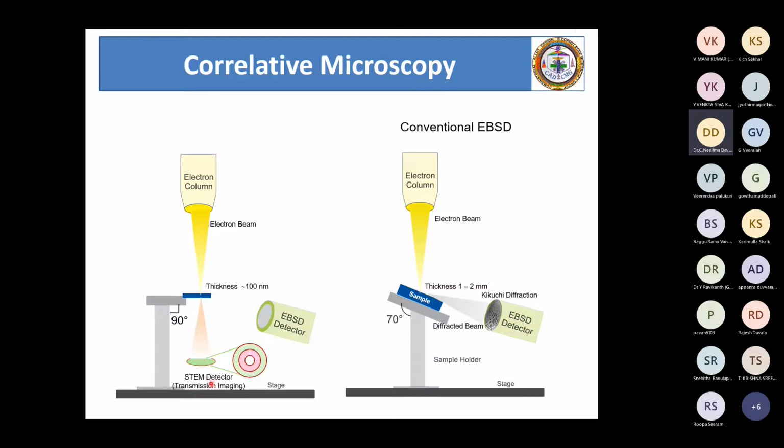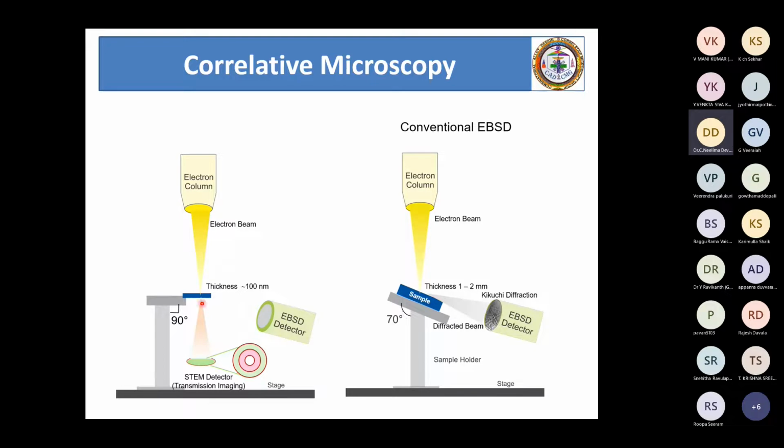And then we insert what is called a STEM detector, where you get in the middle a bright field image, and any diffraction that is happening on the sample because of the nanoscale features present inside, you get on this concentric circular detector a dark field image and a high angle dark field image, depending on the degree of diffraction that is included.